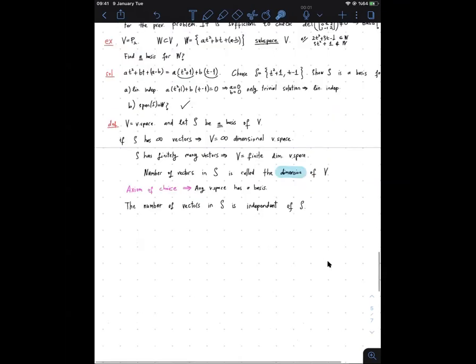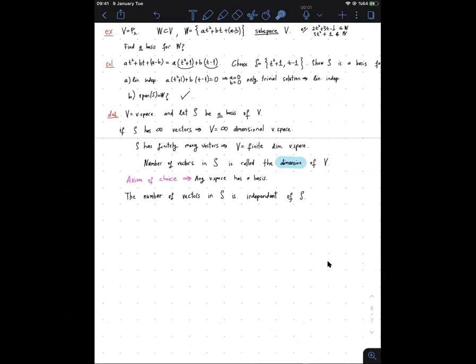Okay, guys. These are all very interesting, and this axiom of choice is something very interesting. Let me look it up on Wikipedia. Axiom of choice.